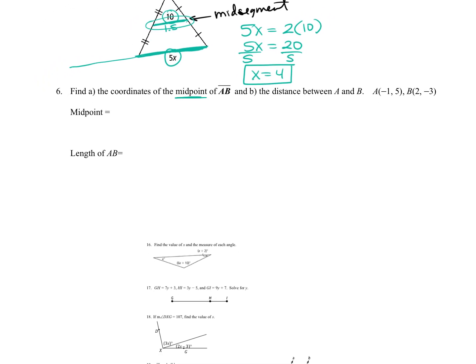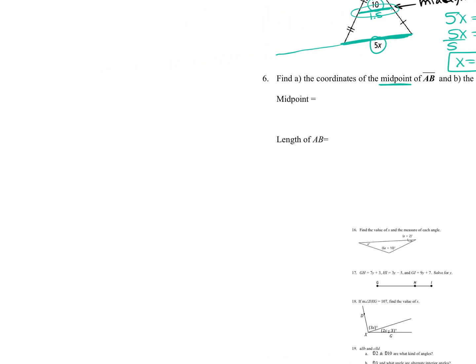So midpoint and distance, okay? These are the formulas. You don't need to write these down because I give them to you on the final. So x1 plus x2 over 2 and y1 plus y2 over 2. Okay, that's midpoint. Distance is this one.